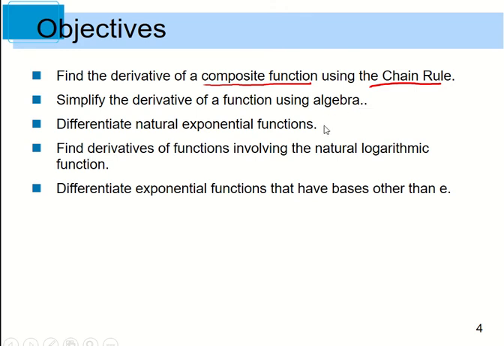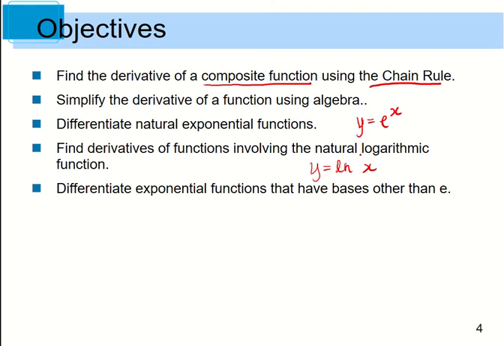Also at the end of this chapter, you should know how to differentiate a natural exponential function, for example y equals e to the power of x. Also, we need to know how to find the derivative of functions involving the natural logarithmic function, for example y equals ln x.